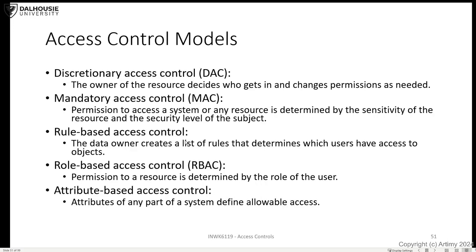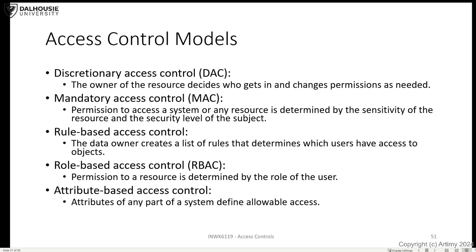So all of these concepts. Then we move to something called the access control models. We have multiple models, and you are familiar with a lot of them. They are common. In this slide there are five; I think they cover everything. So the discretionary access control, or DAC, mandatory access control, rule based and role based.